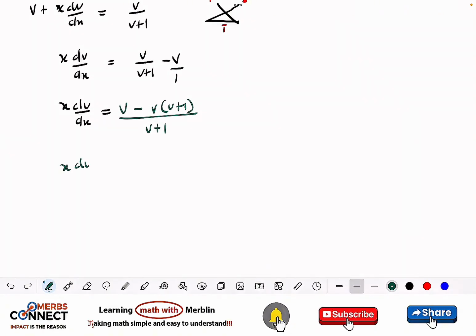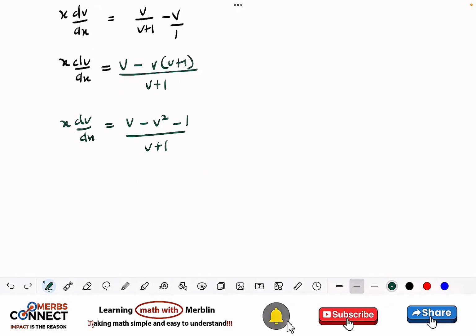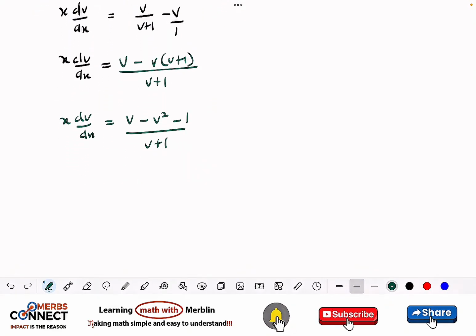So x dVn divided by dx is equal to Vn minus Vn squared minus 1 divided by Vn plus 1. So now what we just need to do is make sure that we group items, right?